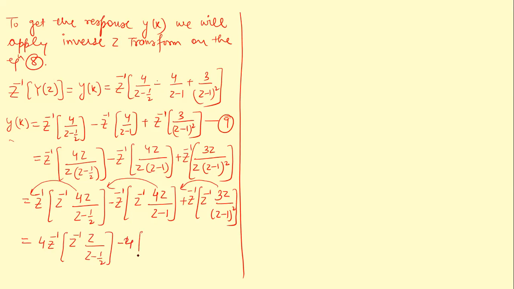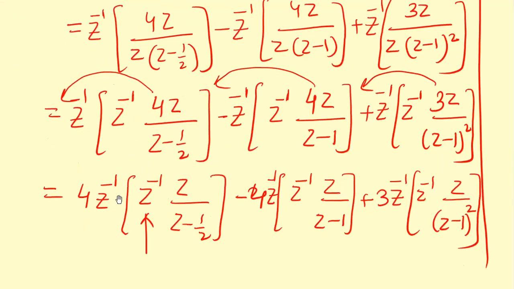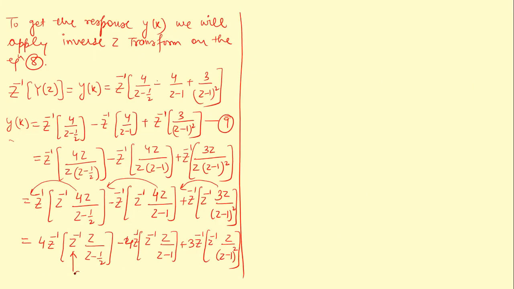Minus 4 times inverse z transform of z inverse z by z minus 1 plus 3 times inverse z transform of z inverse z by z minus 1 whole square, right? Now, as you can see, we have a delayer here. This is what we call as delayer.